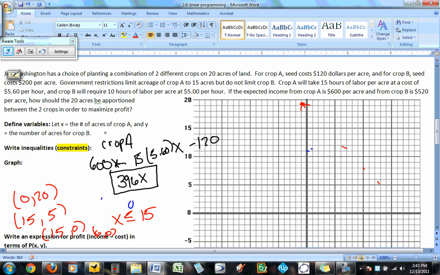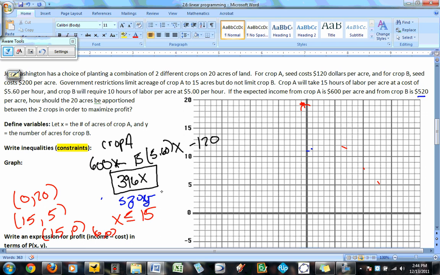For crop B, it says we're going to profit. It says expected income is $520. So $520 minus everything that it costs us. It's going to cost us for crop B, seed cost $200. So we're going to make $520 per acre. So 520, sorry, Y, that is B stuff.